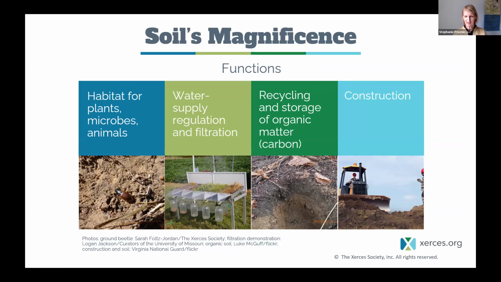It's where water supply regulation and filtration happens in terrestrial systems. It's also where the recycling and storage of organic matter, that is carbon, takes place. And then from a very human perspective, it's where we live and build things. If we're in a home, a building, a road, or just out on the ground itself, there is soil supporting us from below.